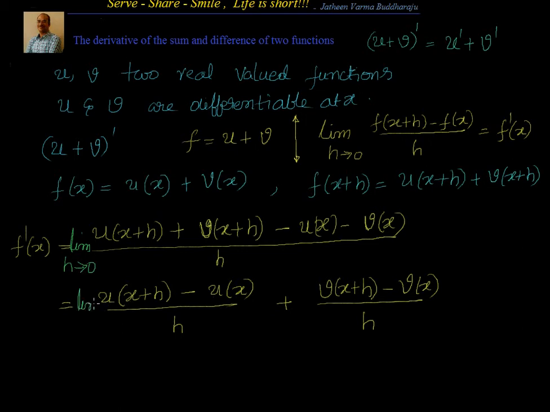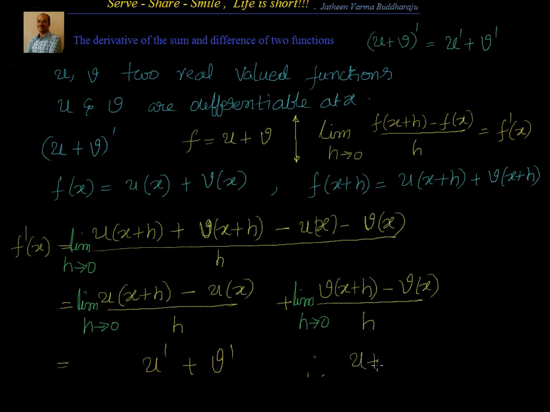Now let us separate them. We'll say limit as h tends to 0 of this, and also limit of this as h tends to 0. Now we know that this is, as per the definition, the derivative of u, and this is equal to the derivative of v.